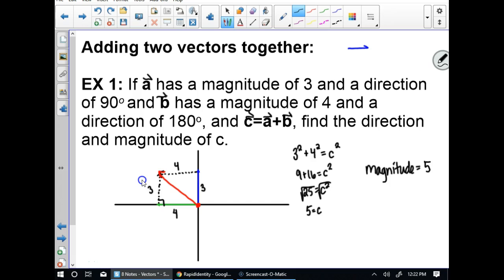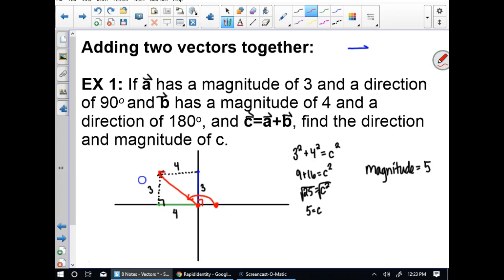Now for our direction, we always want to start at the positive x-axis here, and we want the angle that goes all the way around to the vector we're looking at, always counterclockwise. We really can't find that angle right off, but I know this part right here would be 90 degrees.